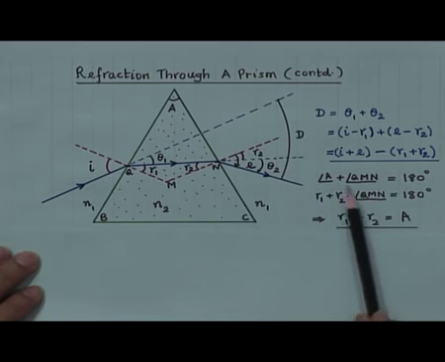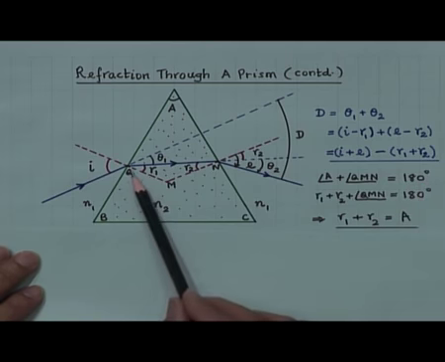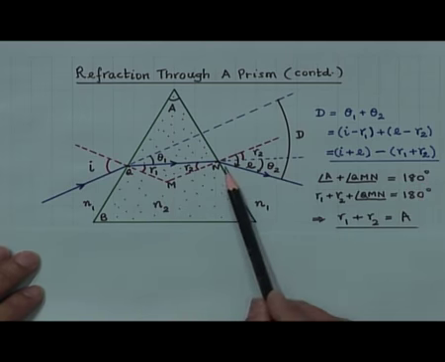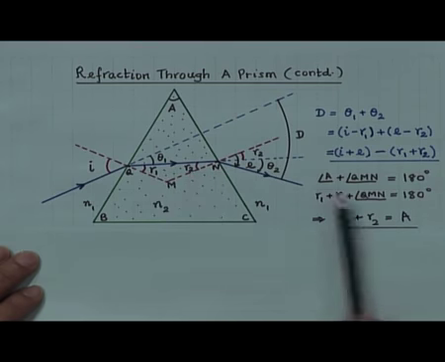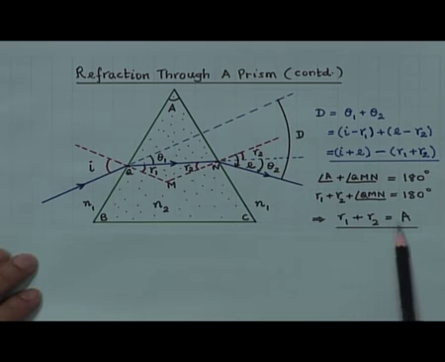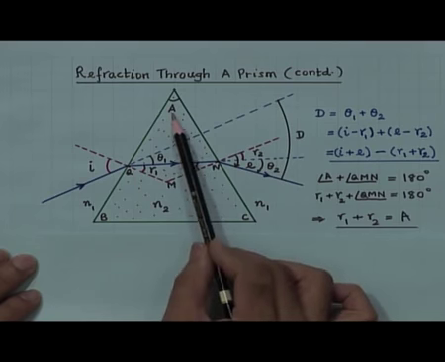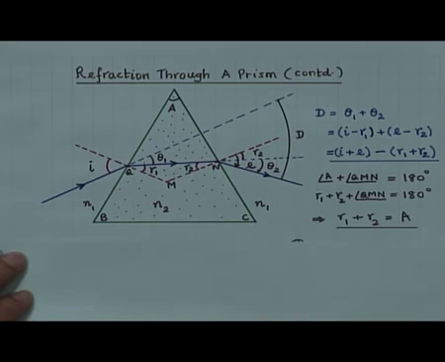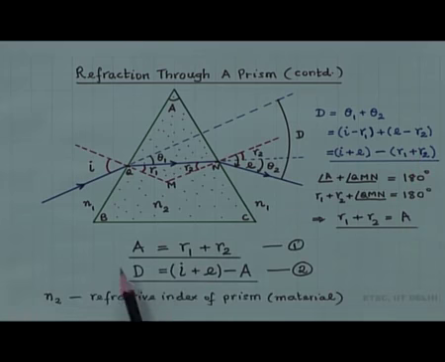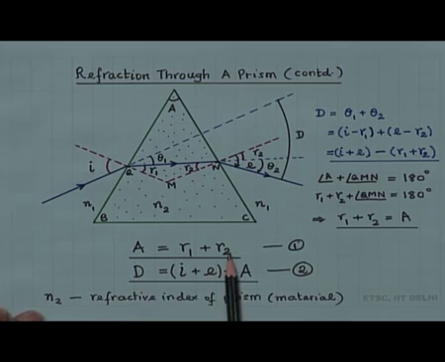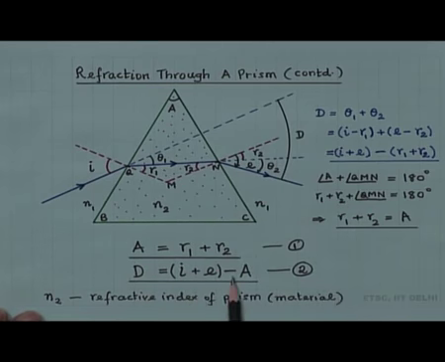But in this triangle QMN, angle M plus R1 plus R2 is also 180, and therefore, R1 plus R2 is equal to A, the angle of the prism. So, we can substitute in this equation, and therefore, we have A is equal to R1 plus R2 and D is equal to I plus E minus A.